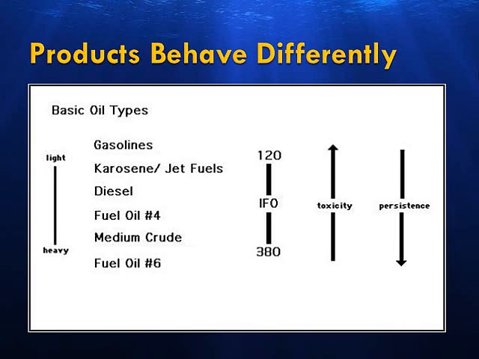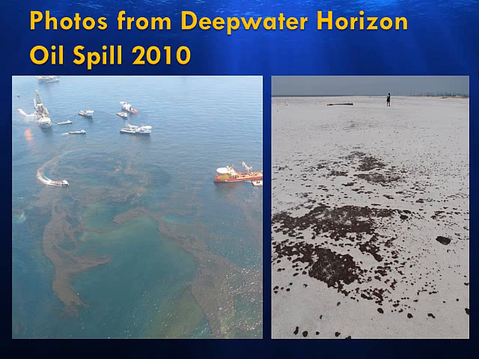It's going to depend on what the chemical mixture is of a particular refined product. But generally speaking, that's how it's thought of. Gasoline is typically going to be less persistent than IFO. But it's that chemical complexity that is going to affect an oil's toxicity, persistence, and behavior in the environment.